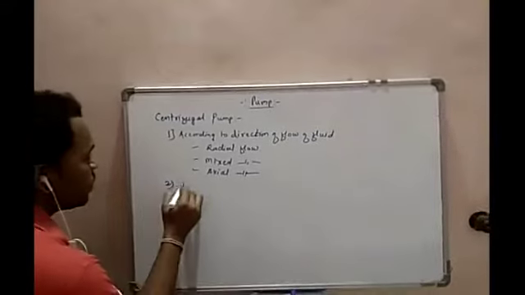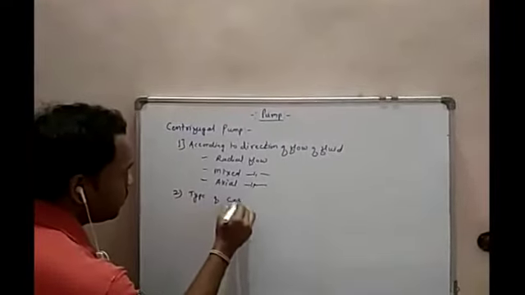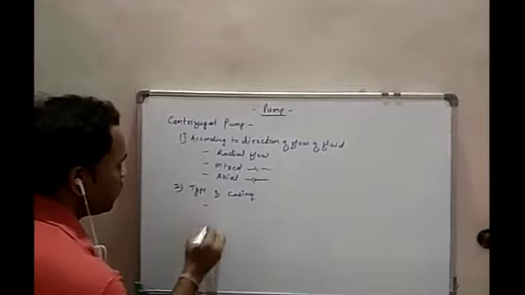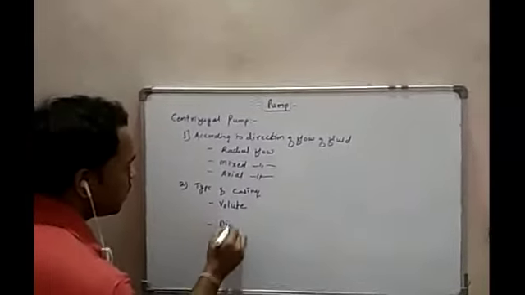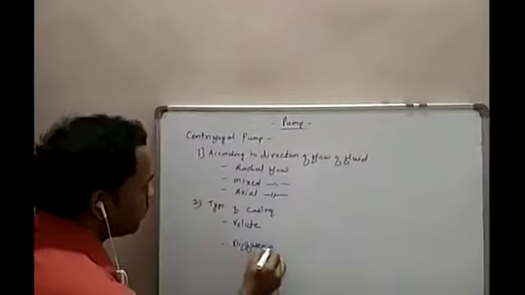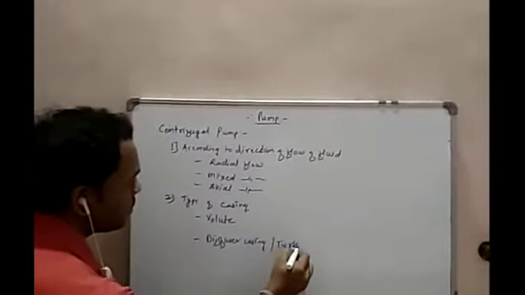Second one, according to the type of casing. There are two types. One is volute casing. Second one is the diffuser casing, or it is also known as the turbine casing.